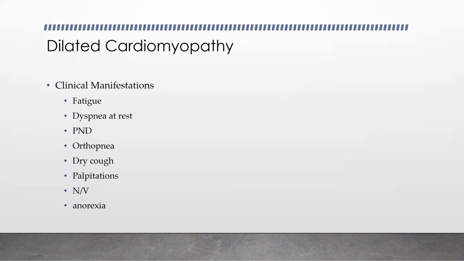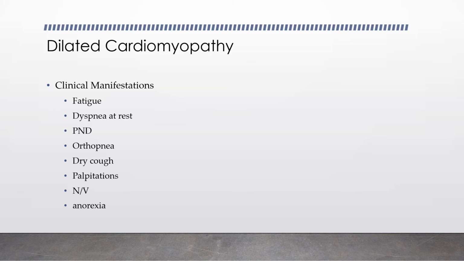So dilated cardiomyopathy, patients can either develop symptoms acutely after they have, let's say, an infection, or they can develop more slowly over time. Let's say for somebody who is an alcoholic.